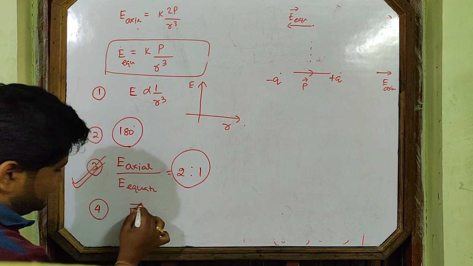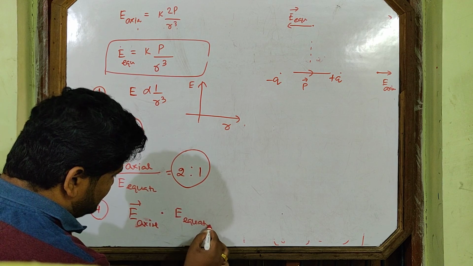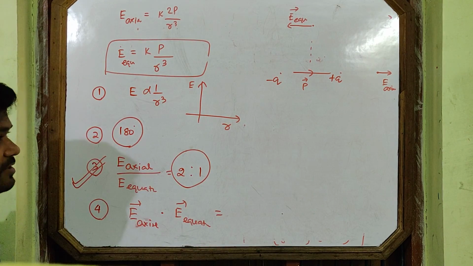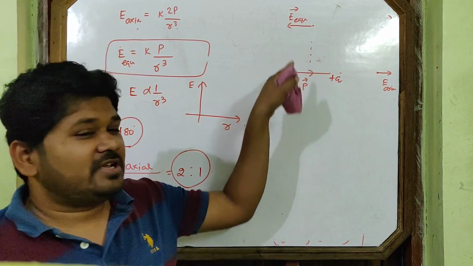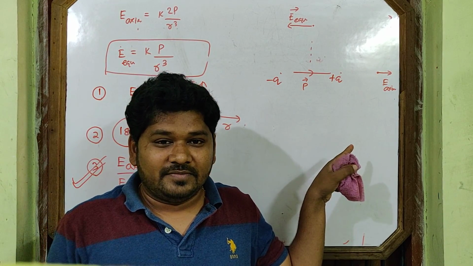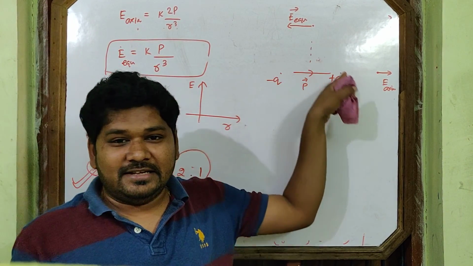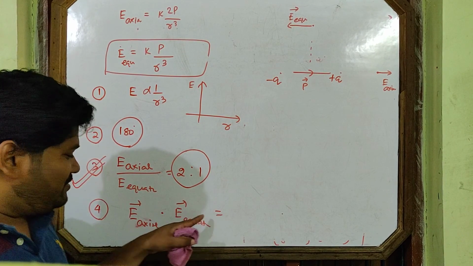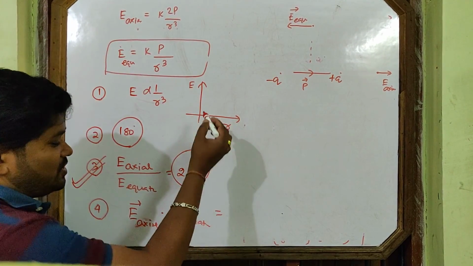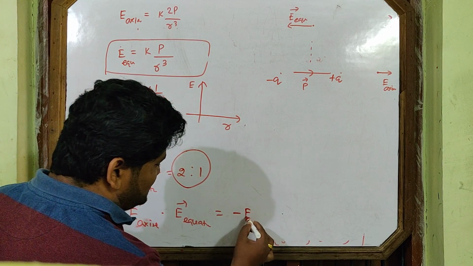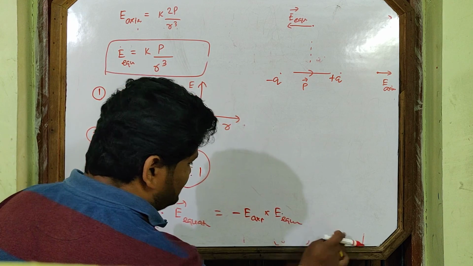If I tell you to find the dot product of the E axial vector and the E equatorial vector, what is the angle between E axial and E equatorial for one dipole? The angle is 180 degrees. With 180 degrees, you use the dot product formula AB cos theta. So cos 180 gives minus E axial into E equatorial.